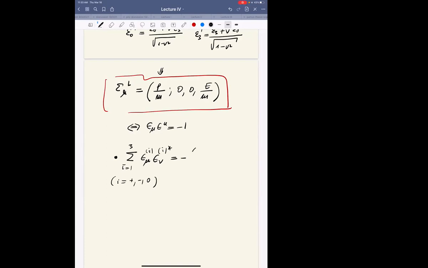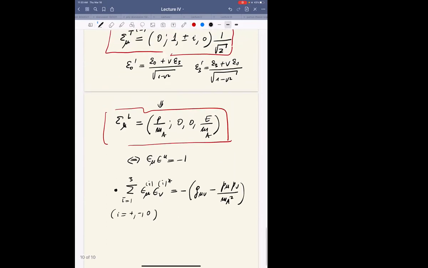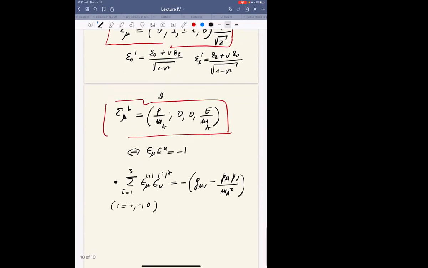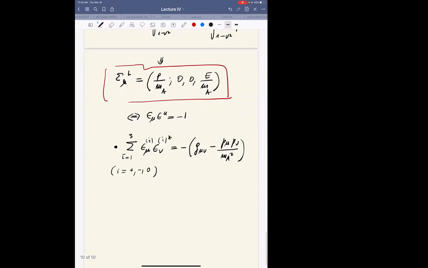It turns out to be equal to minus G mu nu minus P mu P nu over M squared. It's trivial to check it. Check, please. Let me put an asterisk. Maybe it's in the homework. I don't even remember whether I included it. This is a very important relation.